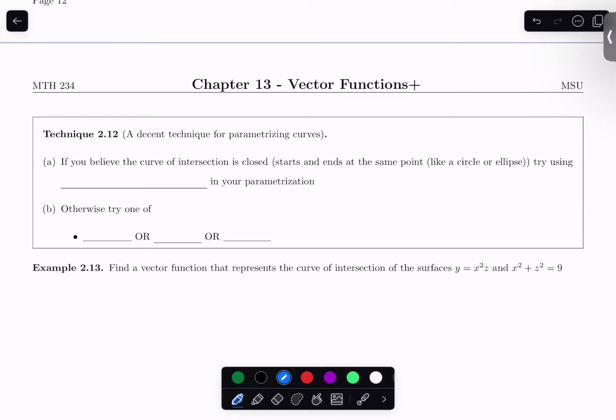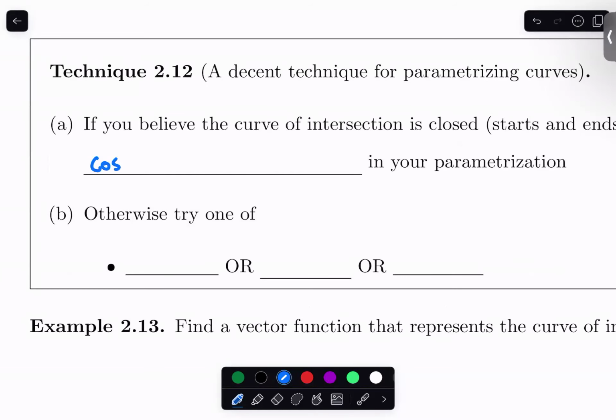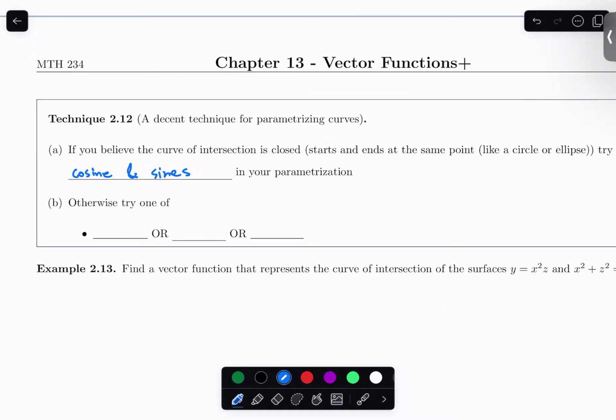But ultimately, if you believe that the curve of intersection is going to be a closed curve, that means it doesn't go on forever. It's going to start and end at the same spot eventually, like a circle or an ellipse, that sort of thing. Then it turns out cosines and sines are a good idea to use in your parameterization.